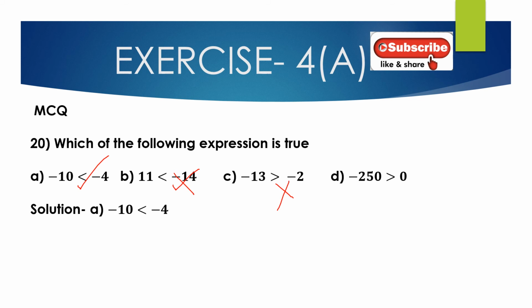And option D is minus 250 is greater than 0. We know 250 is greater than 0, but if we place the negative sign, a negative integer is always less than 0. So this is false. So option A is true. Minus 10 is less than minus 4.